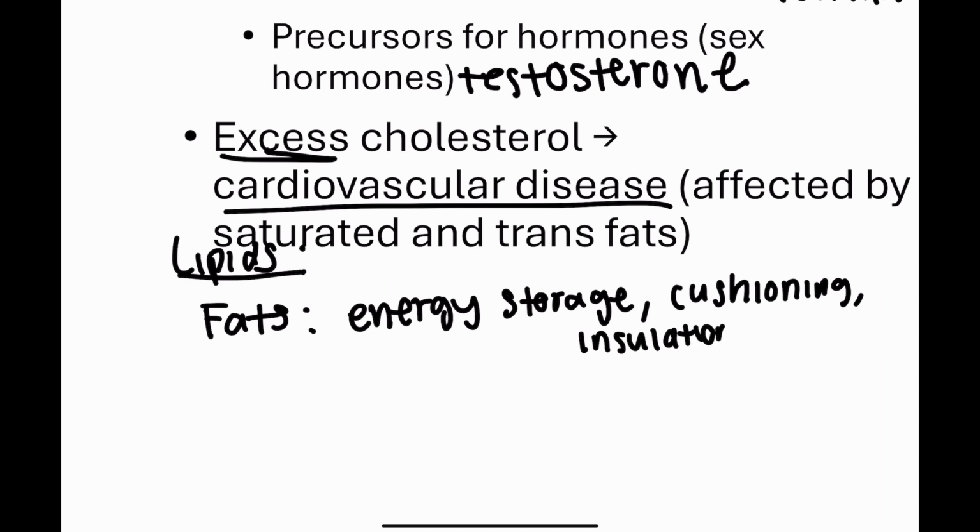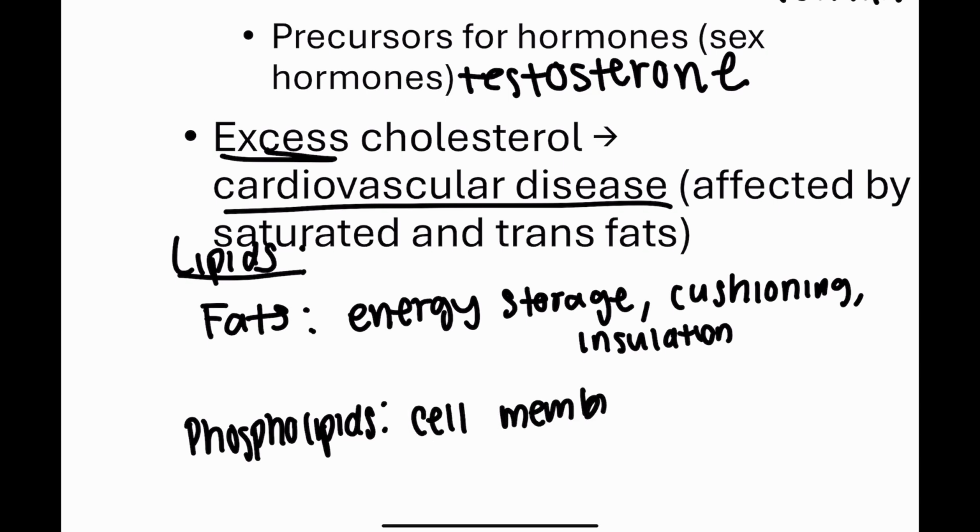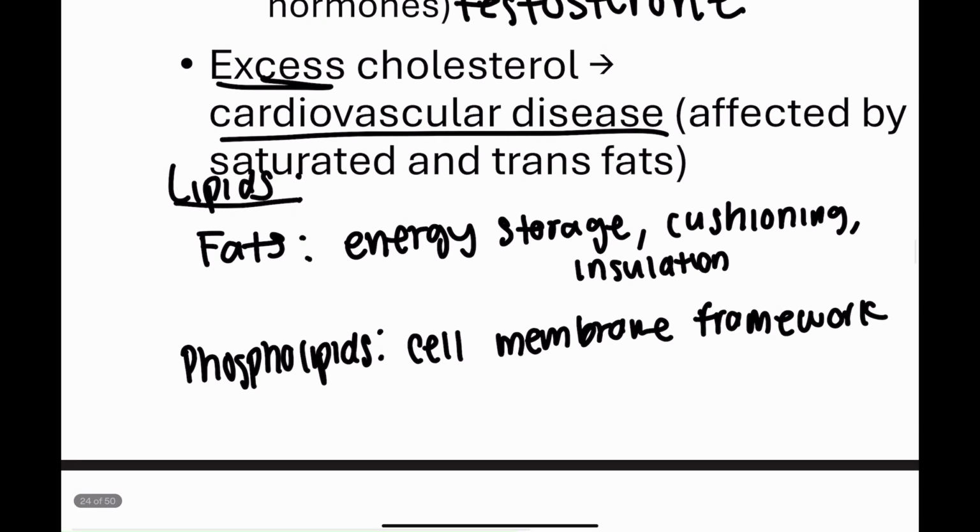Another kind of lipid that we have are phospholipids, and they form the structural framework of cell membranes. And the last lipid that we went over is steroids, which includes cholesterol, and it functions in membrane structure and hormone signaling.